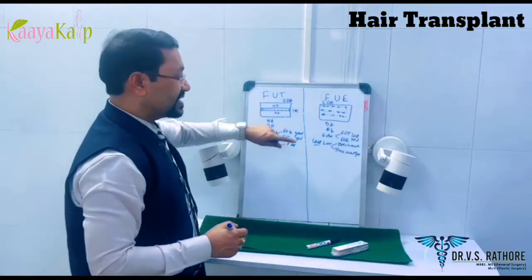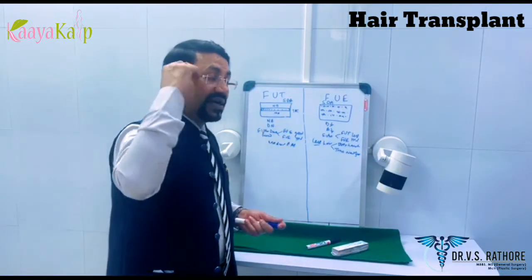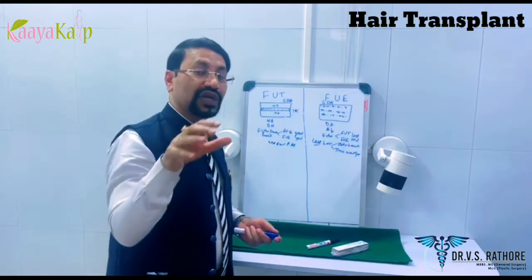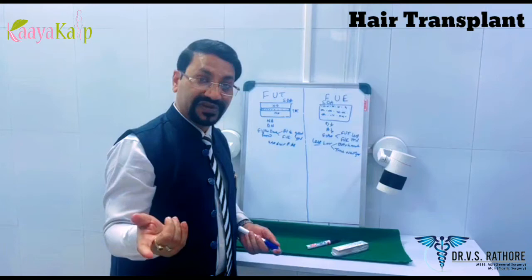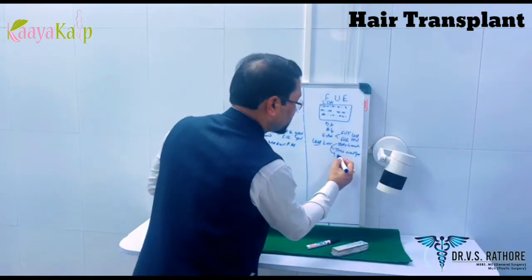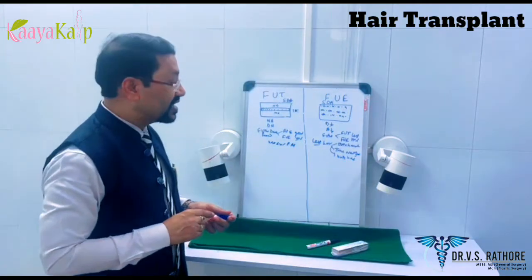Transgressing into a non-safe donor area means the area in which the future baldness, when the vertex baldness is going to increase, will vanish after some years. Or the other option is to use body hairs. So these are the three options.